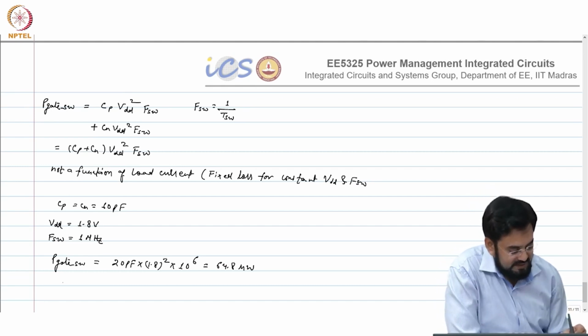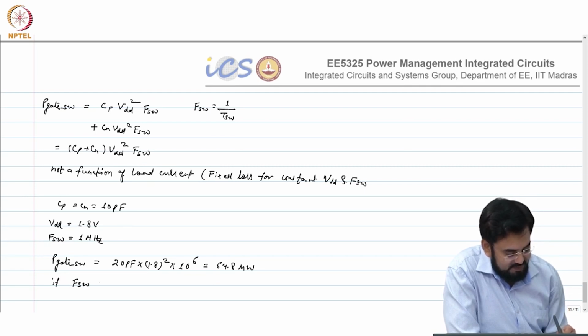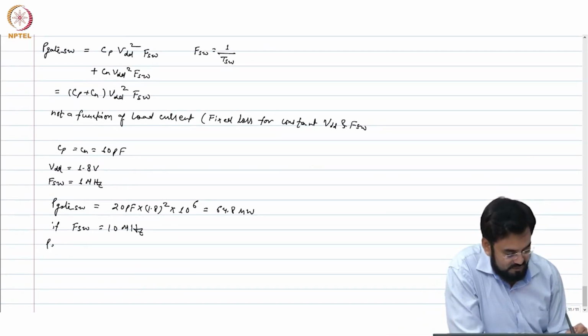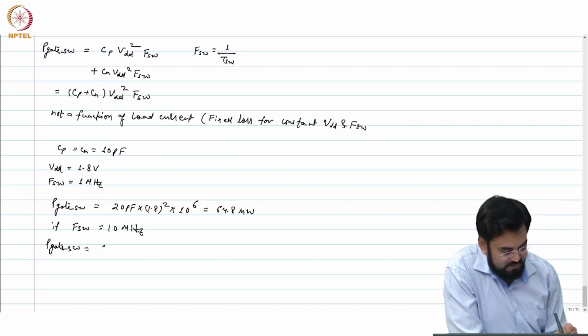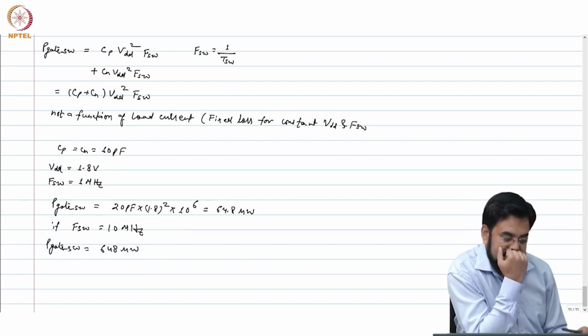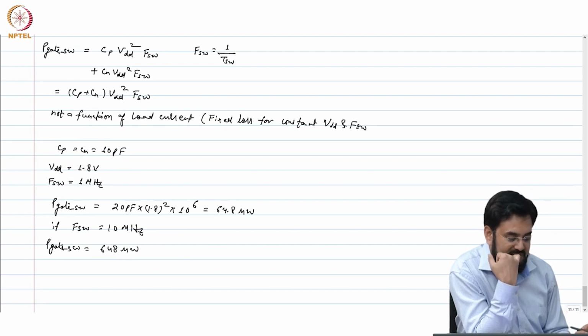Okay, now let's say FSW equal to 10 megahertz, then what would happen? Okay, so it's a direct function of your switching frequency.